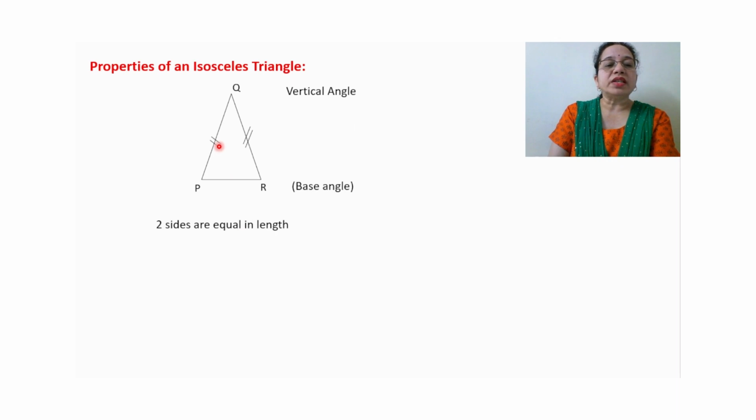Opposite to the equal sides, their opposite angles are also equal. So opposite to PQ, which angle is there? R. And opposite to QR, which angle is there? P. So angle R is equal to angle P. So if two sides are equal in length, then their opposite angles are also equal.